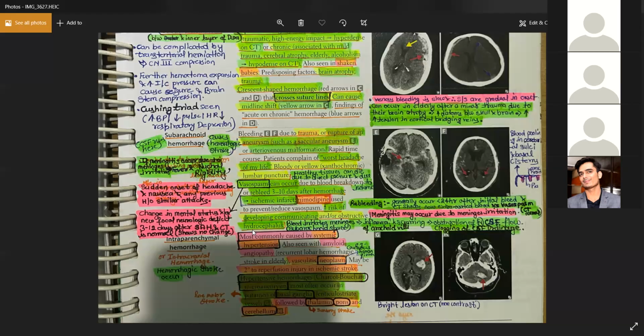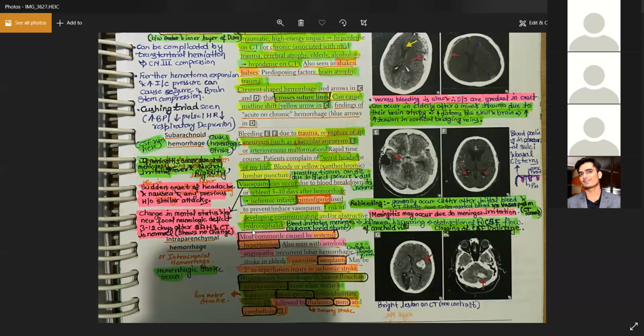Because of the hemolysis of the RBCs, inflammation in the CSF happens, and because of that inflammation, scarring of the arachnoid granulations can occur, and absorption of the CSF will be inhibited. What you will get is a communicating or sometimes a non-communicating hydrocephalus. You will get a diffuse ventriculomegaly.